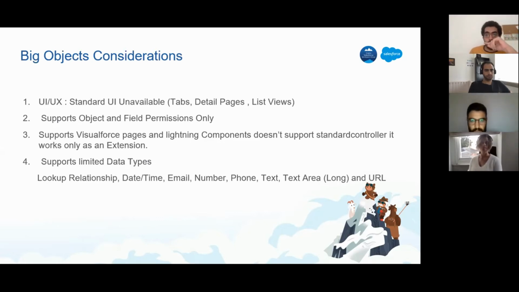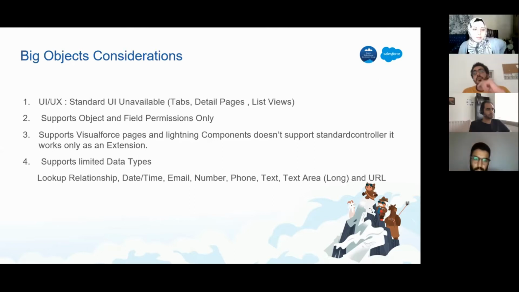So do you guys follow with me? Okay. So far, so good, yeah. Okay. So this needs to be considered when developing a Visualforce page or a Lightning web component. It only supports object and field permissions. It supports limited data types.